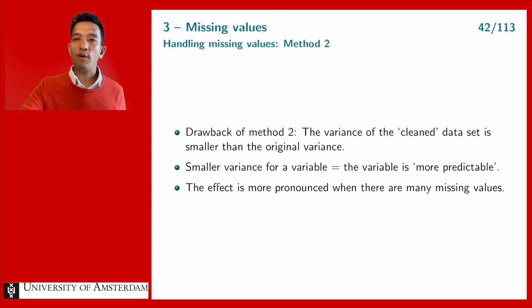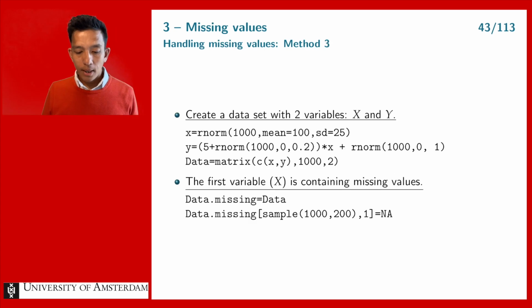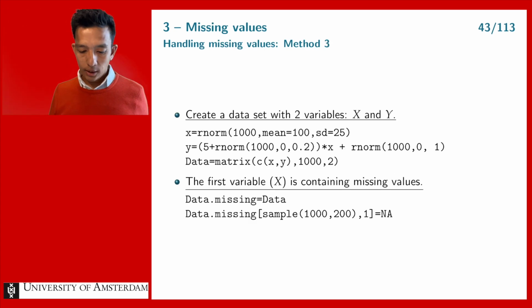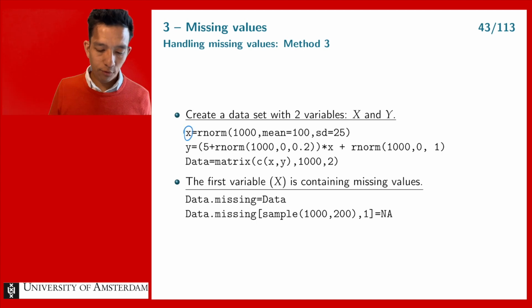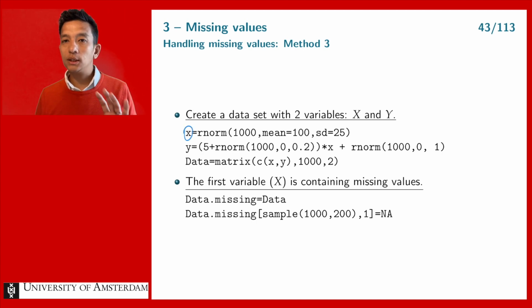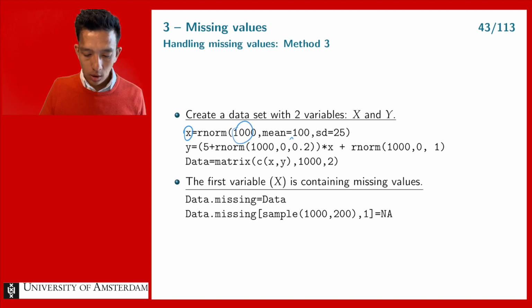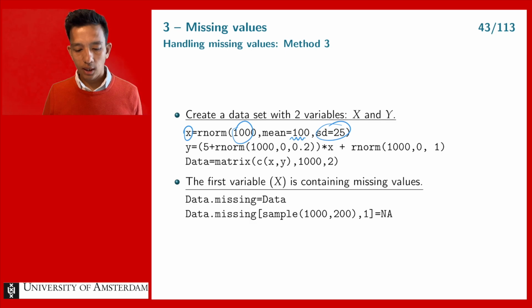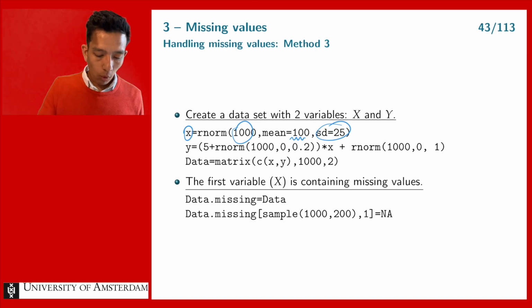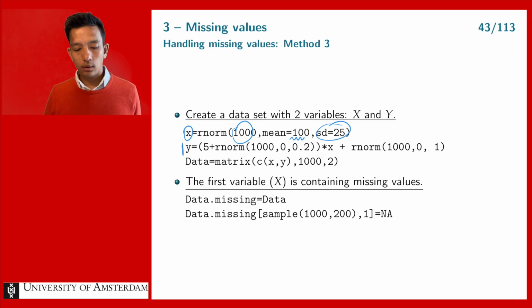To illustrate method 3, I'm going to create a new data set. First, we have a variable x, where x is the same as before, normally distributed, 1000 observations, a mean, and a standard deviation. Variable y, my second random variable, is a function of x.